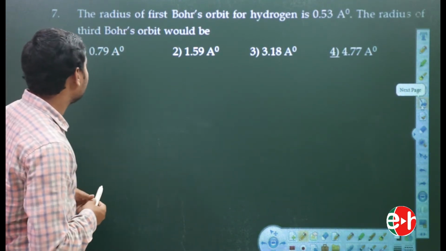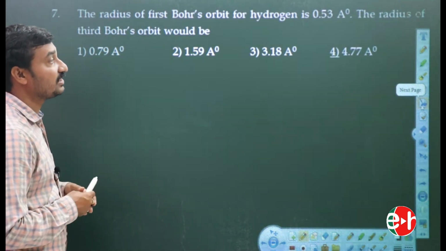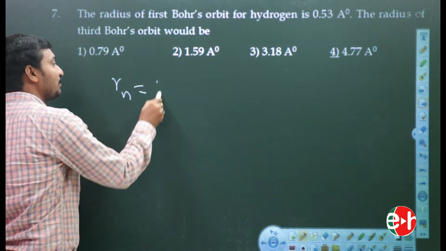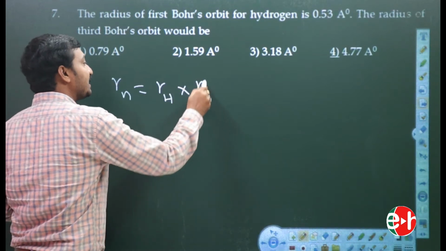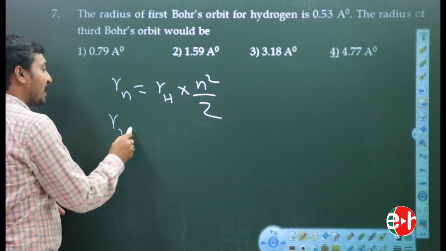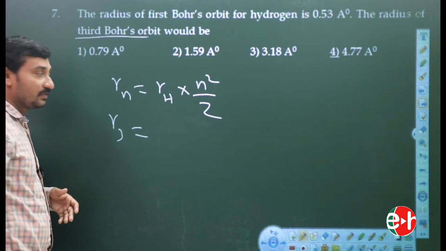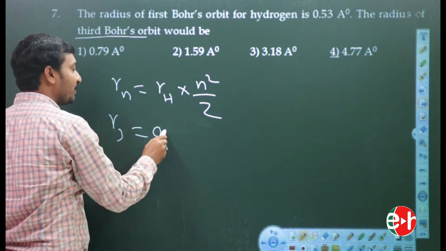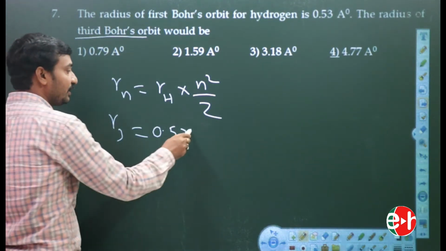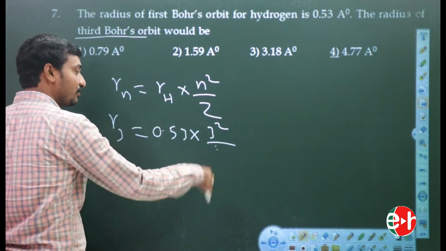The general equation is Rn is equal to RH into n square by z. We have to find R3 for the third Bohr orbit. RH is given as 0.53. If a particular value is not given, you can take 0.529. Into n value for the third orbit 3 square, by z value of hydrogen atom, 1.